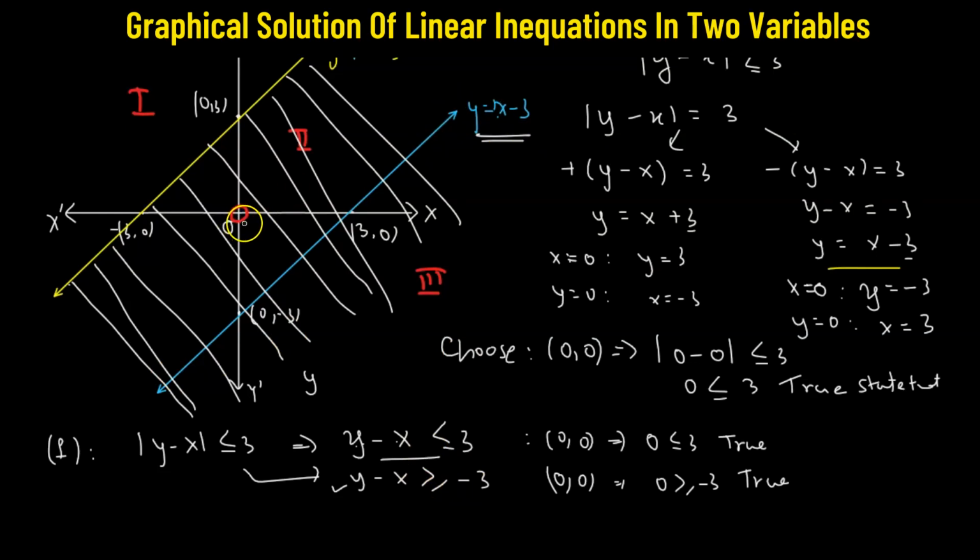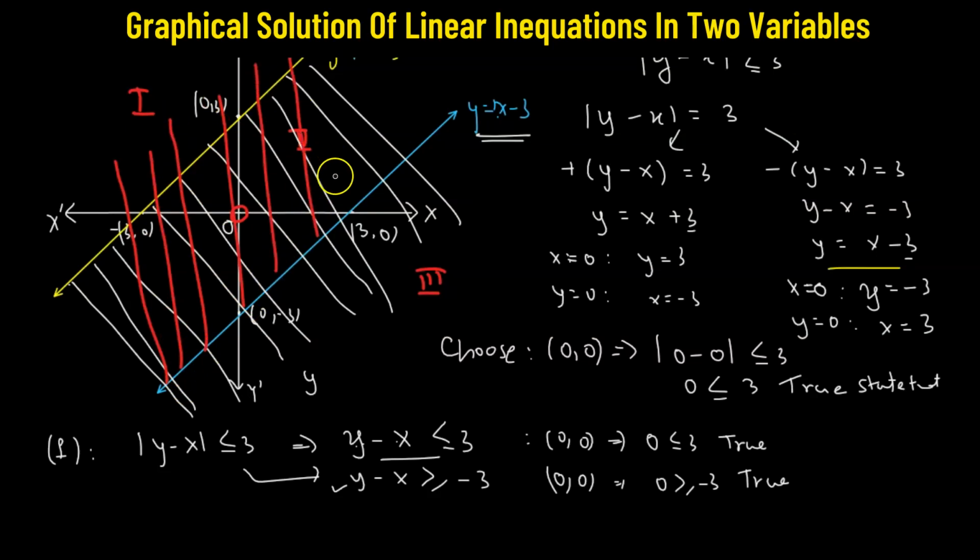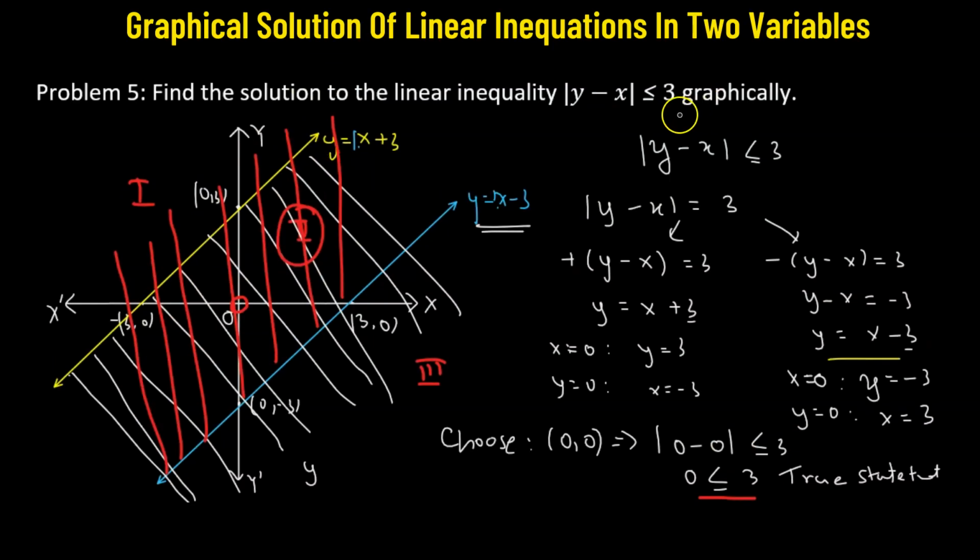Since (0, 0), the origin, is a part of the solution, we'll have to consider the points lying above the blue line, which is given by y equals x minus 3. And clearly we see that there's an overlap of solution, which is nothing but region number 2. So we didn't have to go through that particular way. I just wanted to show you that this approach is also correct. Here we have already said that 0 is less than or equal to 3, so that means it's the overlap of solution, which is region number 2. So region number 2 is the solution to our given linear inequality.